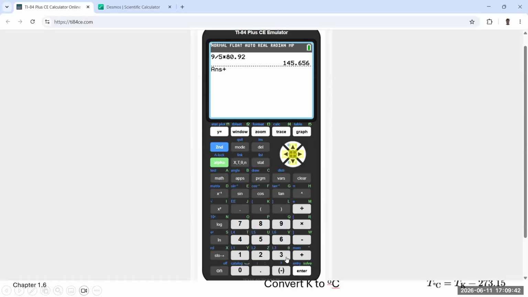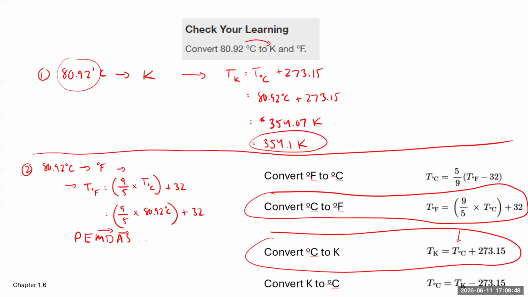Then we do the addition, plus 32. Let me do that in pieces. This is going to be 145.656 degrees Celsius plus 32.